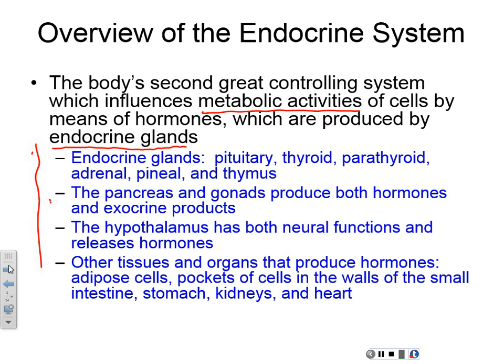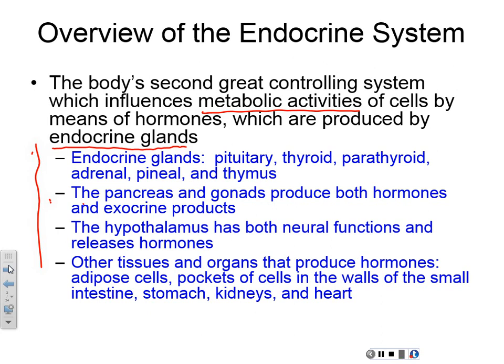The thymus releases hormones like thymosin and thymopoietin, which is how the endocrine system is involved in immune system. Because thymopoietin and thymosin will cause maturation of T cells, right? So that's how the immune system comes in here with the endocrine.